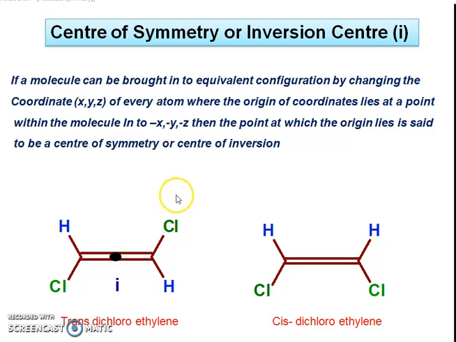For example, this is trans-dichloroethylene and cis-dichloroethylene. What is observed? Which molecule shows a center of inversion and which does not?